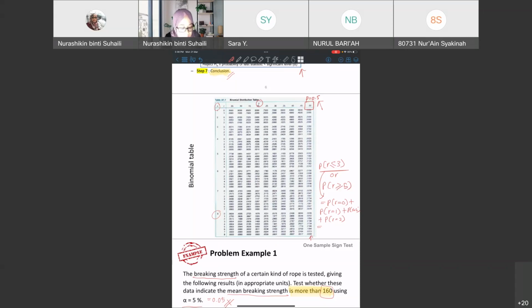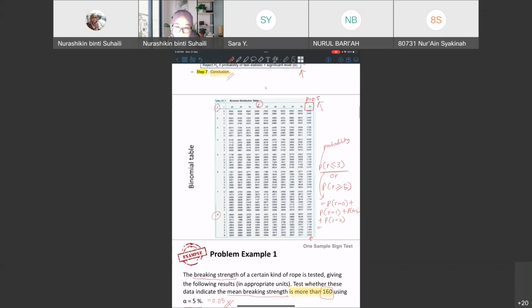Actually P ni refers to probability. It's different from the p above. This one is probability. So you just take the values here. If you refer to 8, I hope you can see this table clearly. This one 0.0039 plus 0.0312 plus 0.1094. It's referring to this one, R.